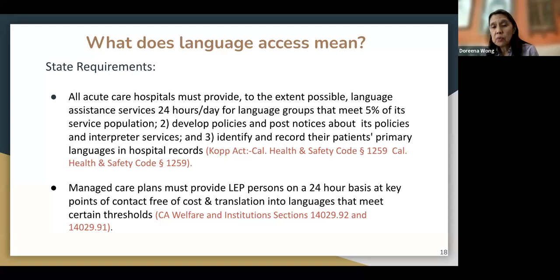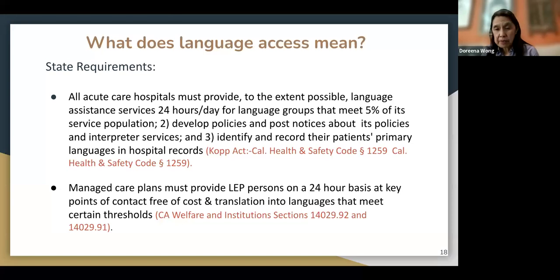I also wanted to point out that managed care plans also have requirements, both private managed care plans and in the Medi-Cal program. They have to provide LEP persons language assistance on a 24-hour basis at the key public points of contact, free of cost. And then translation of materials, vital documents, into certain languages.